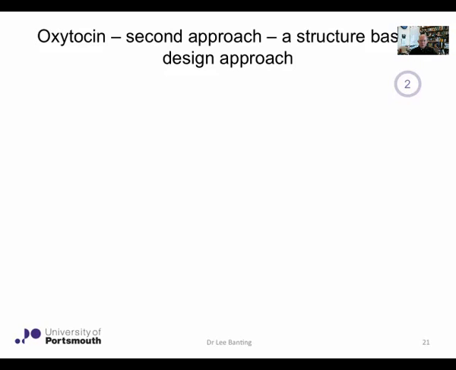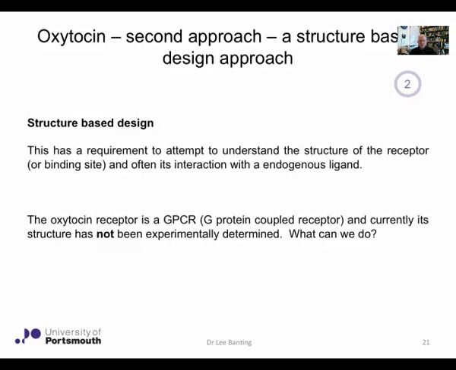So this is a revision of a potential approach. Structure-based design is a requirement to attempt to understand the structure of a receptor or binding site and its interaction with an endogenous ligand. And the oxytocin receptor currently has no structure determined for it experimentally, but we have talked about how to progress structure-based design when this is the case.